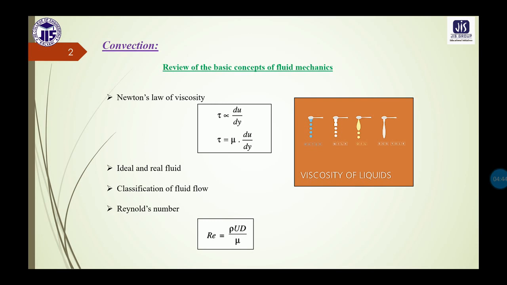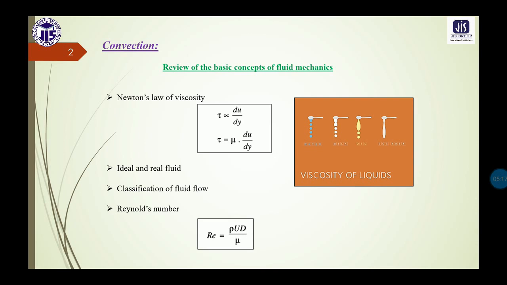Again, the strain in a solid is independent of the time over which the force is applied, and if the elastic limit is not exceeded, the deformation disappears when the force is removed. A fluid, however, continues to flow as long as the force is applied and will not recover its original form when the force is removed. So these are the basic differences between a solid and a fluid.